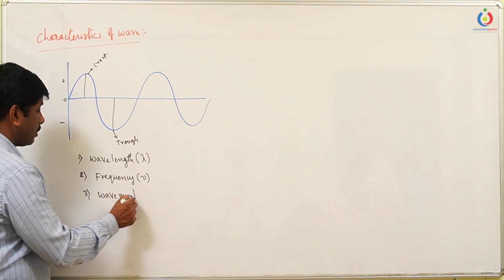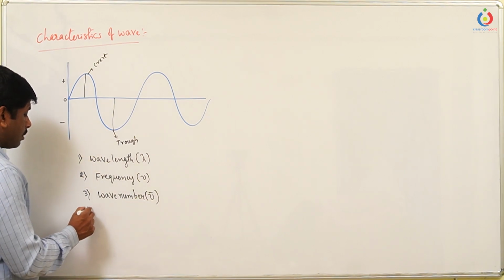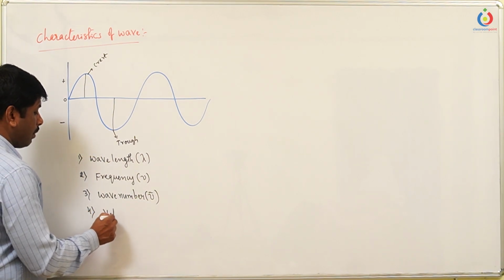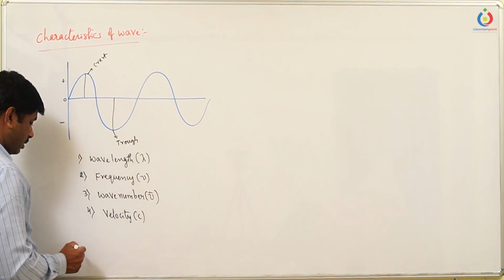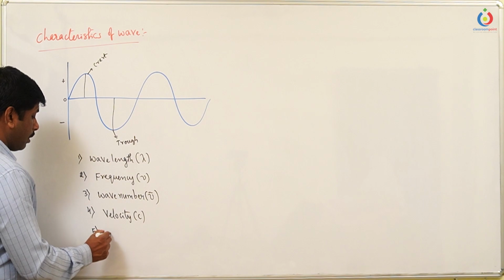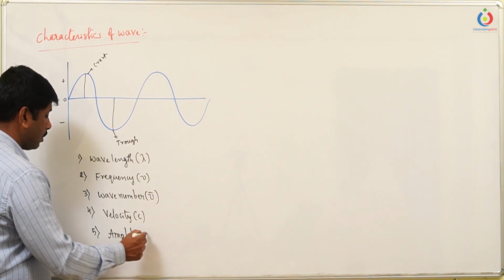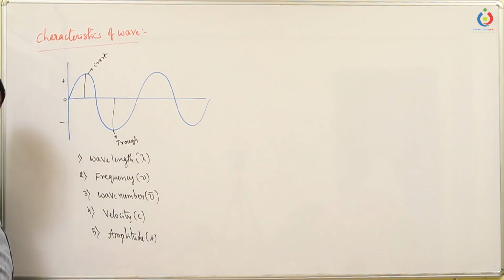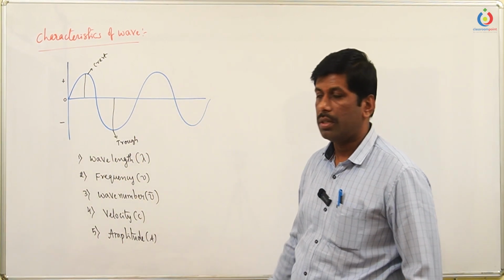Wave number, denoted by the symbol nu bar. Velocity of the wave, denoted by the letter C. And amplitude, which is denoted by the letter A. So let's discuss each and every one of these terms.